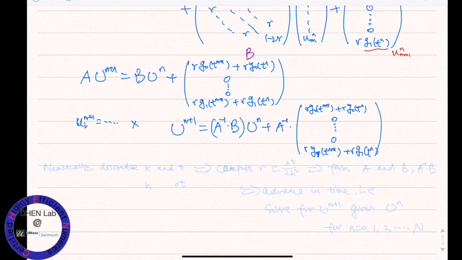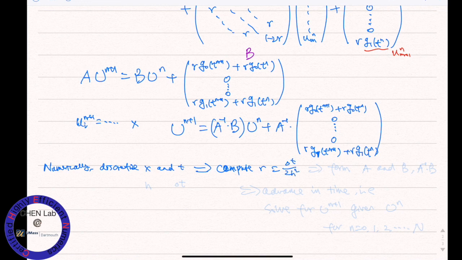So numerically, we discretize x and t, then you can compute r, which is delta t over 2h squared.